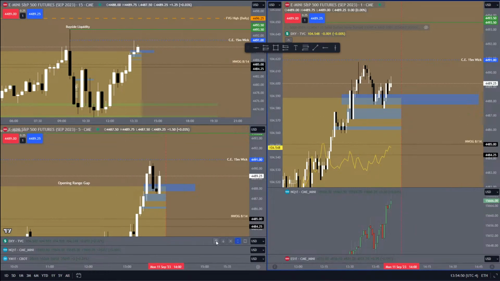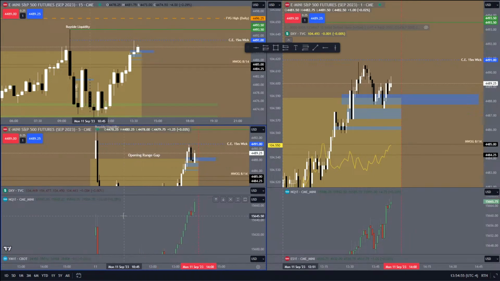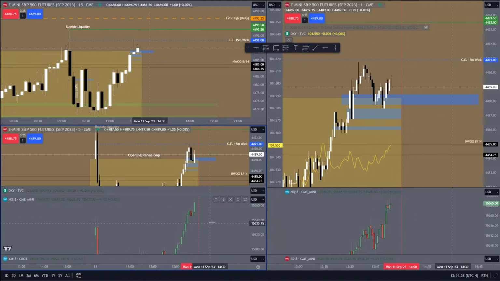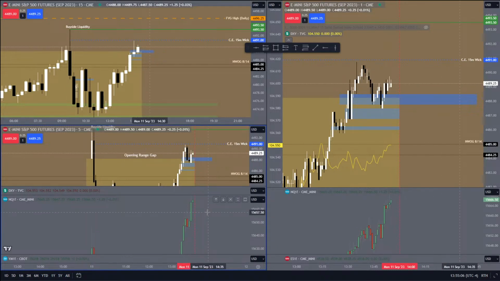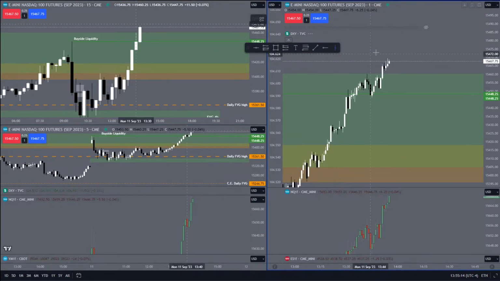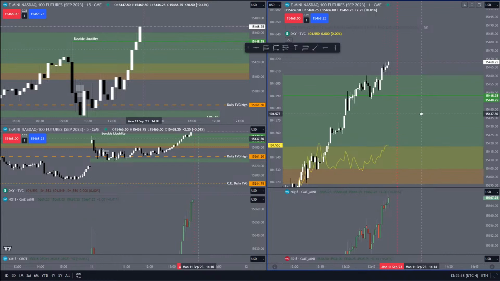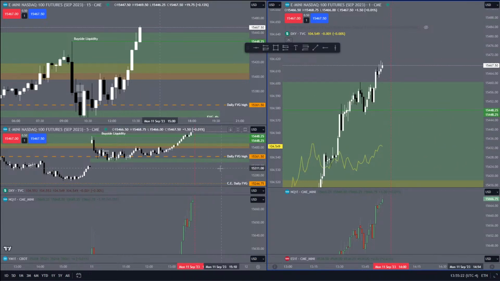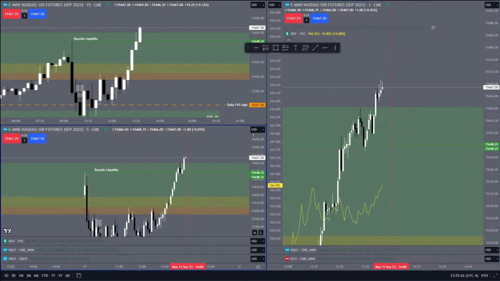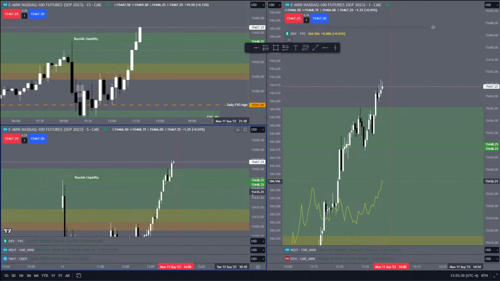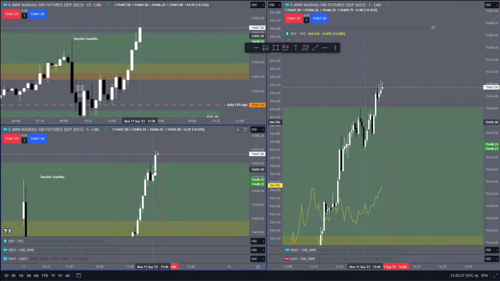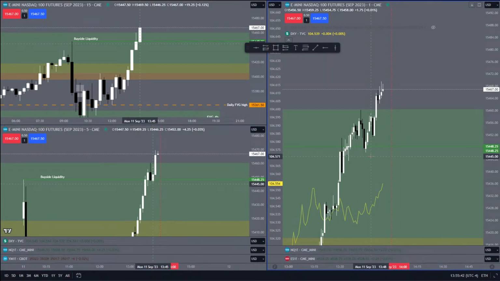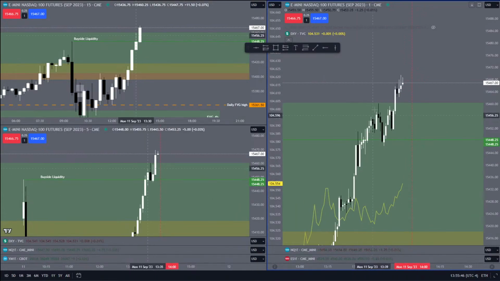So NASDAQ's a lot stronger. So we took that buy side on NASDAQ. I like the way NASDAQ seems a little cleaner, a little less choppy.